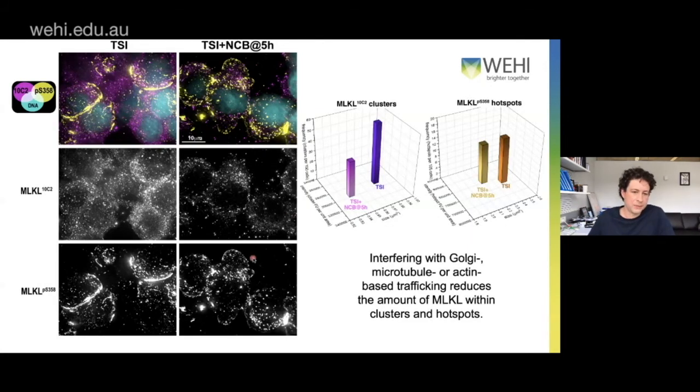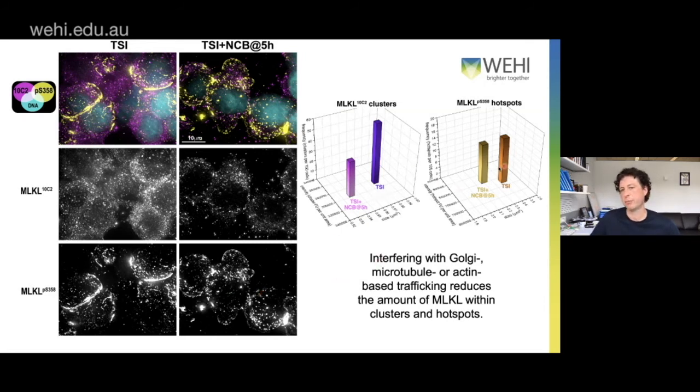And in support of this, if you do our immunofluorescence approach, you can see that essentially by inhibiting these trafficking pathways, you've depolarized or randomized where the phosphorylated MLKL is going to end up. So it still phosphorylates just fine, but it's no longer accruing as these very focal hotspots. It's being distributed more uniformly throughout the cell, so it's not able to grow.